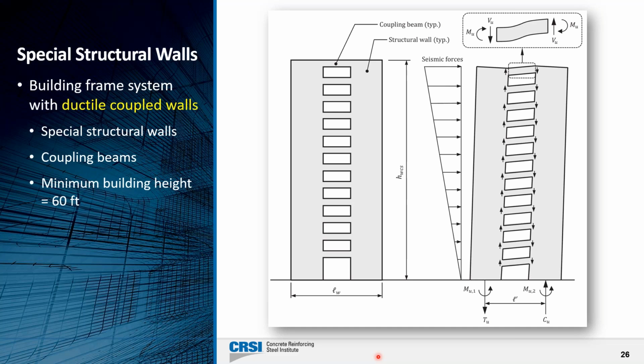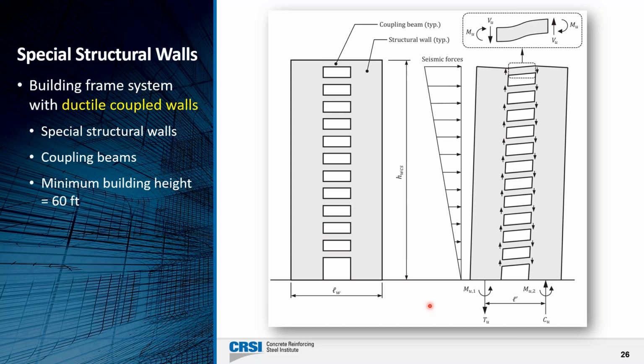The coupled wall is illustrated here in this figure. Now, the coupled wall performs significantly better than an uncoupled wall, but there was nothing in the code that permitted us to take advantage of all of that additional benefit.